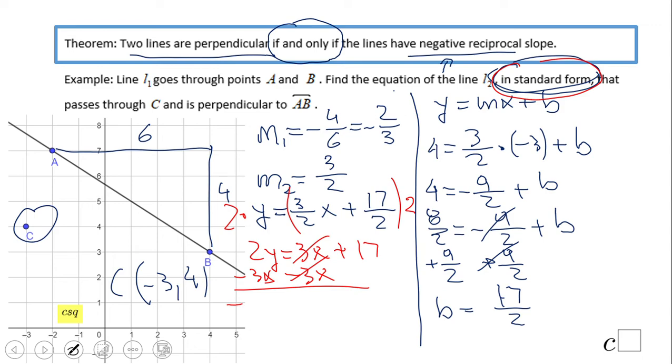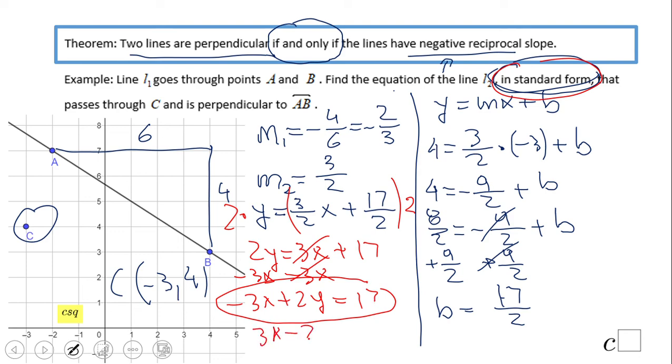So we're going to get negative 3x plus 2y equals 17. That would be a good answer. Some people would like to have it with a positive number in front of x. So if you need that, multiply by negative 1 and you have 3x minus 2y equals negative 17. Either answer is good, but I think sometimes people prefer this.